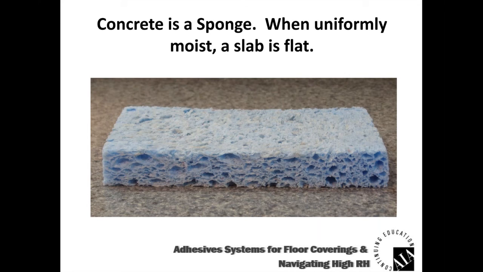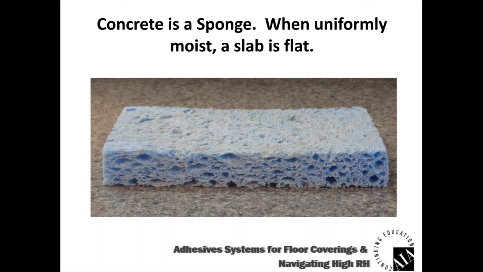The easiest way to demonstrate this so that you get a true visual understanding is doing this with a sponge on a plastic laminate countertop. If we saturate that sponge with water and sit it on the countertop, that is similar to a freshly poured concrete slab that's sitting on a vapor retarder.